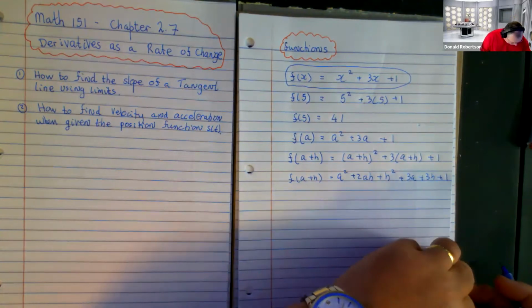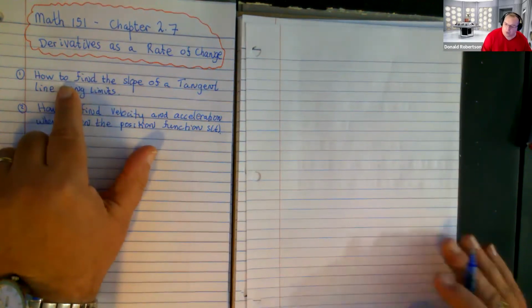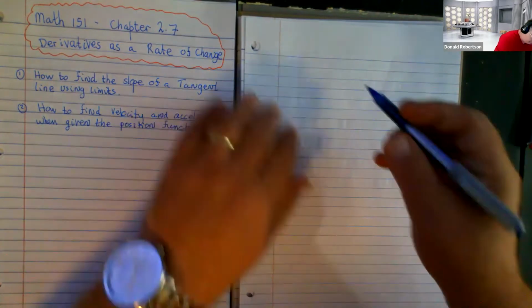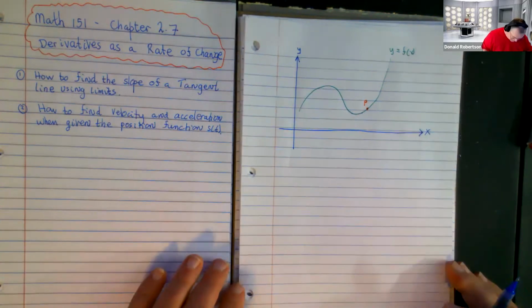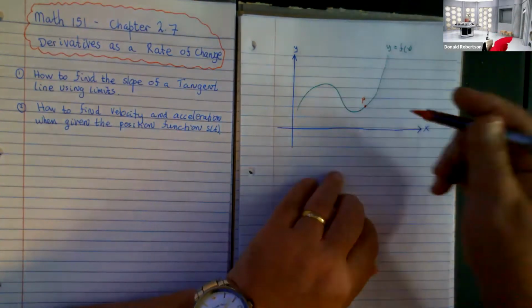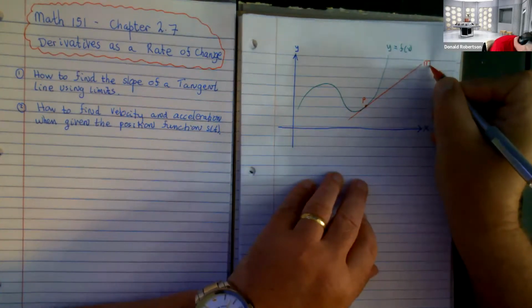So now we've got that out of the way. Let's look at the tangent line problem one last time. So imagine you have a curve y equals f of x, and I would like to find the slope of the tangent line. There we go.